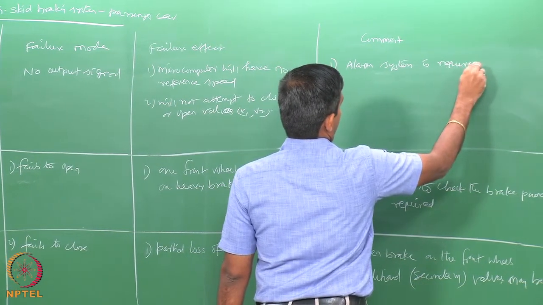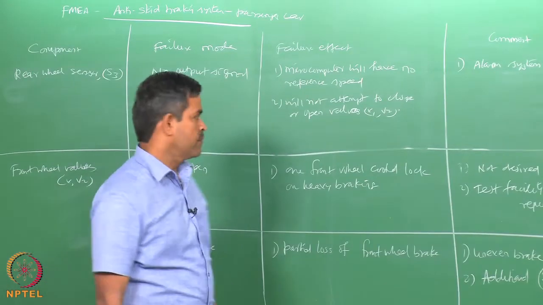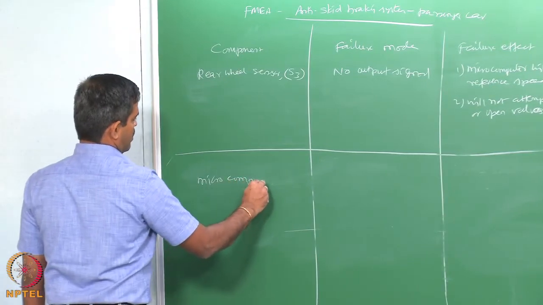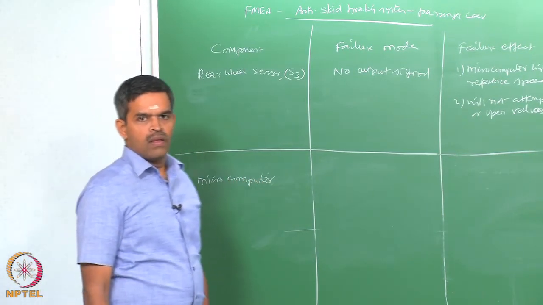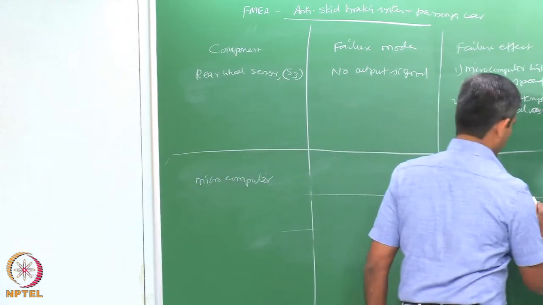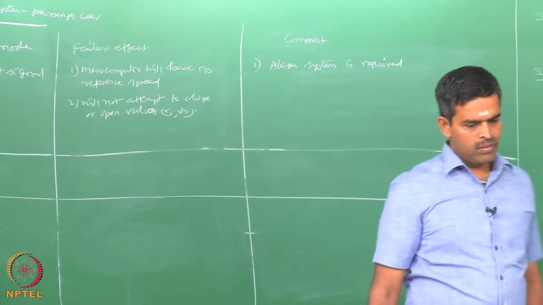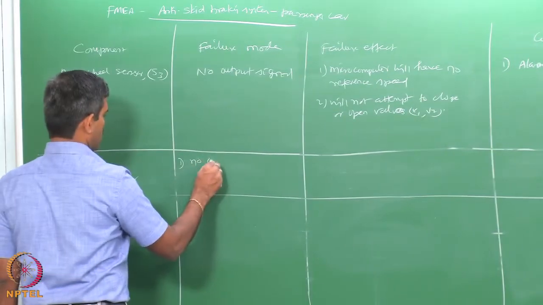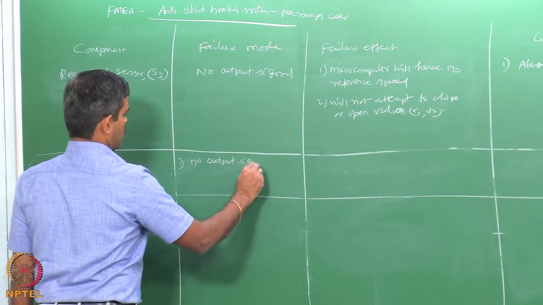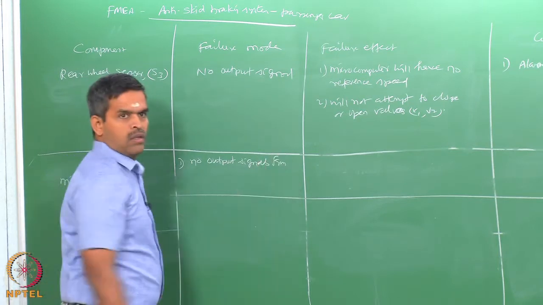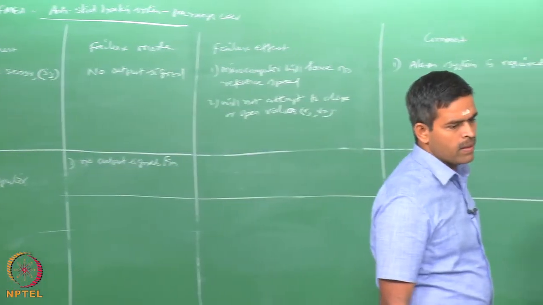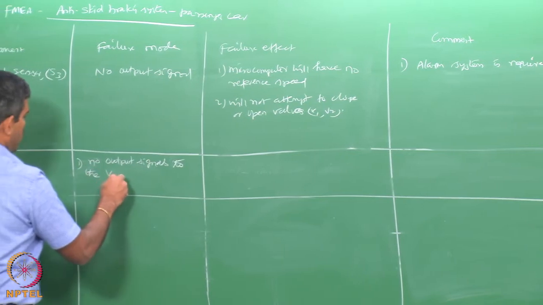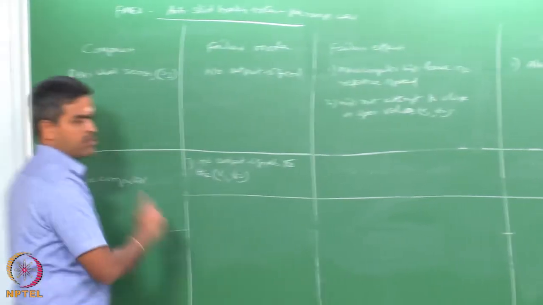So, the next could be microcomputer, that is the component. There are many possibilities here. No output signals to the valves V1 and V2, because the microcomputer is the one which is going to fail now.